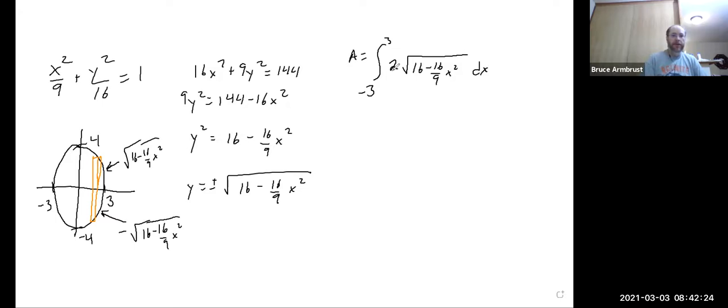And so now let's go ahead and take care of this integral. I'm going to help ourselves out just a little bit. I'm going to factor out the 16 from inside that square root. That's going to come out as a 4. 4 times 2 is 8, so I'm even going to pull that out front of the integral. So I have 8 times the integral from -3 to 3 of the square root of 1 minus x squared over 9 dx.